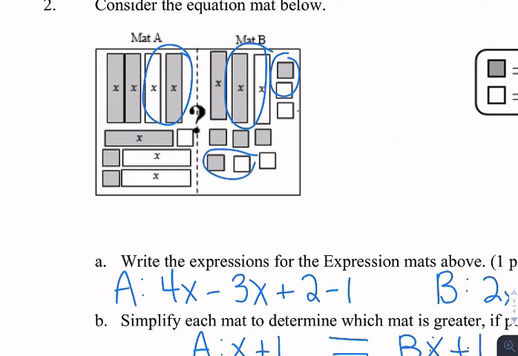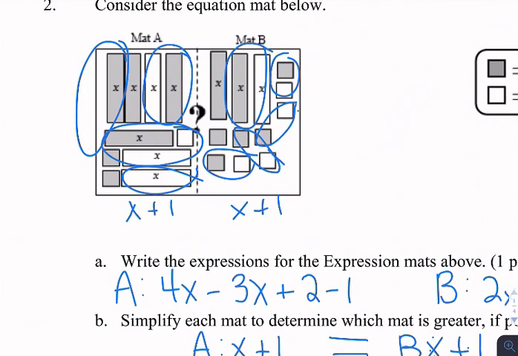There are my 0 pairs on that side. All 4 of those together make a 0 pair. And those 2. So I'm left with x plus 1 and x plus 1.